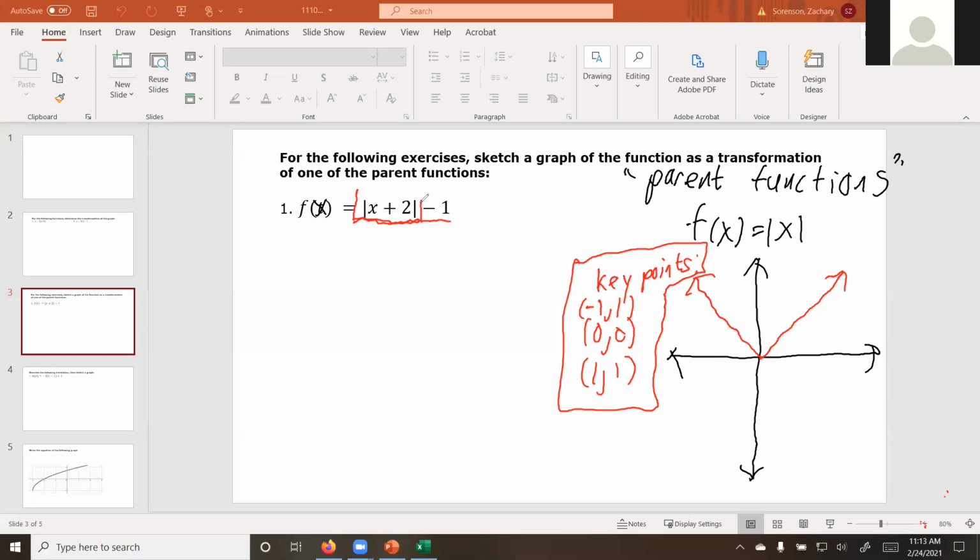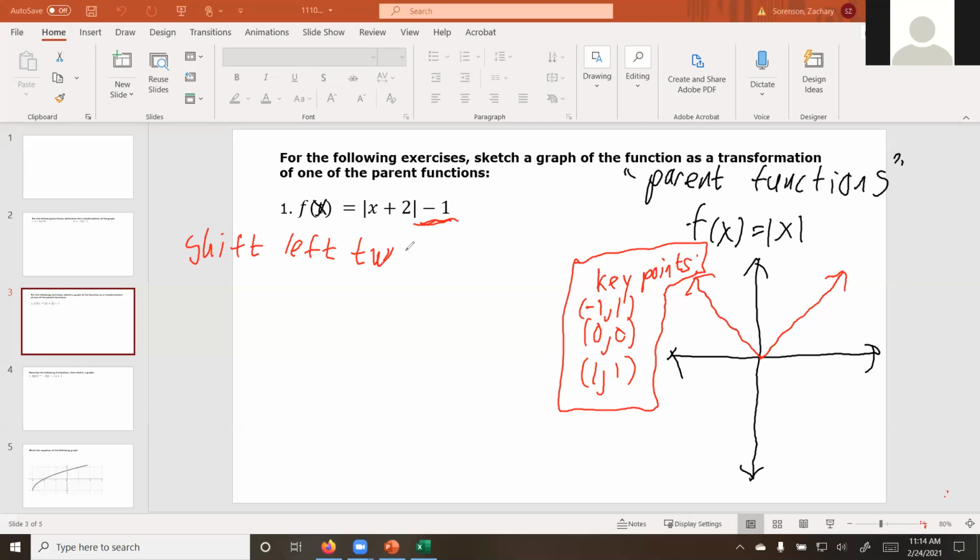So what does the absolute value of x plus 2 do to my graph? Would it move it left 2? Mm-hmm. Great.